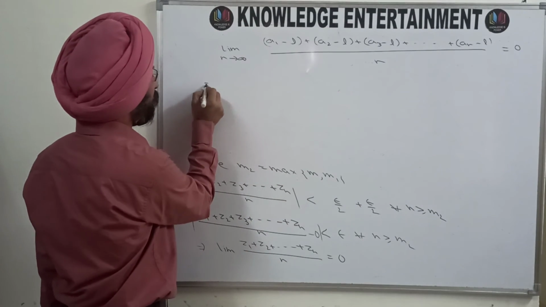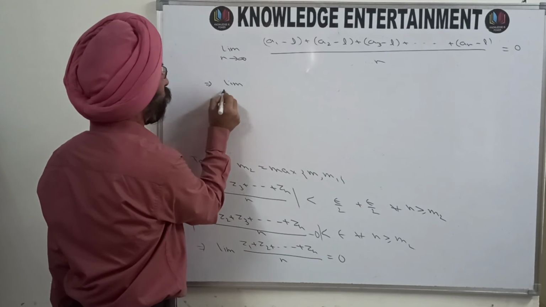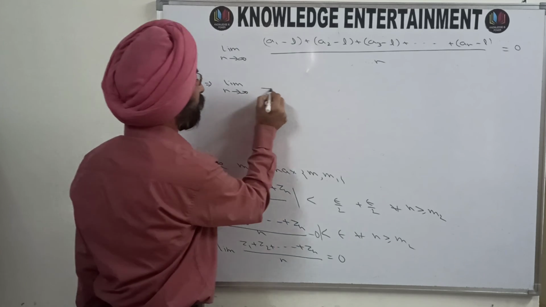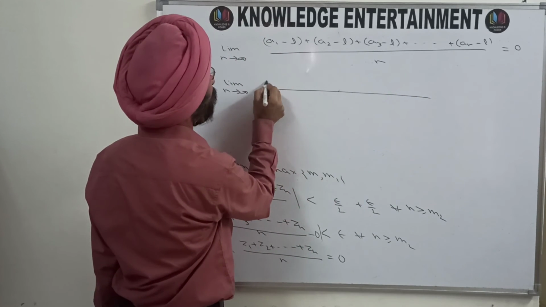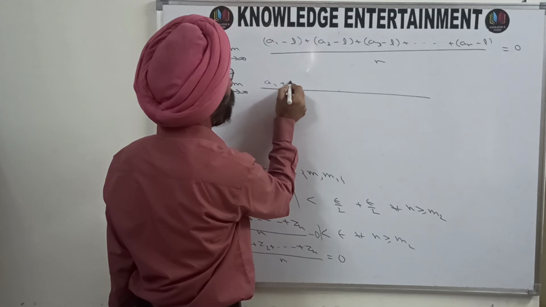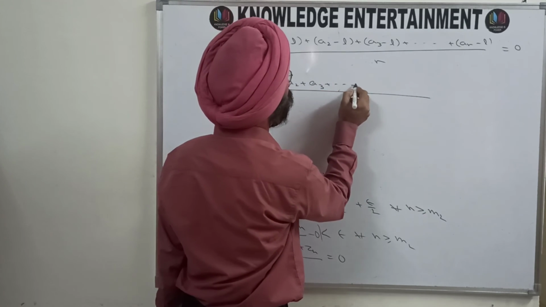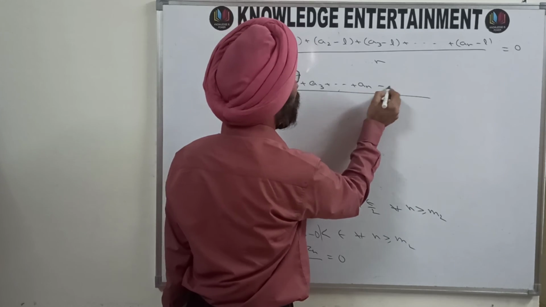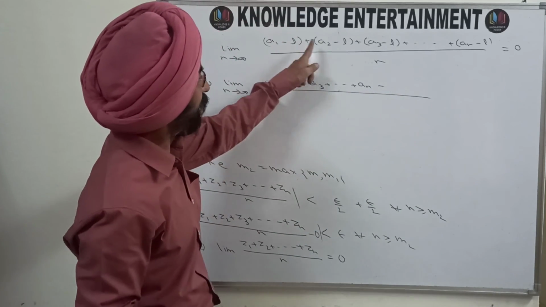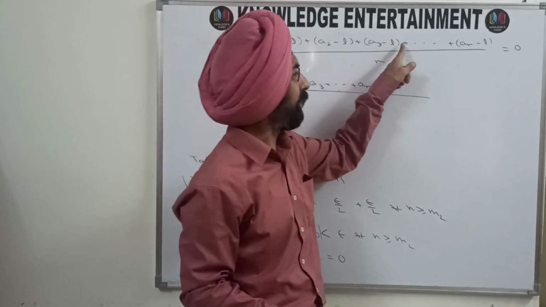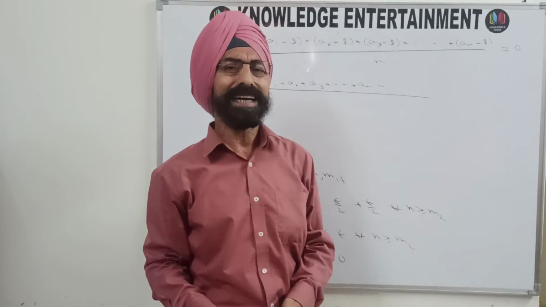So what you are going to get now, limit of n approaches infinity, this is your a1 plus this is your a2 plus this is your a3 plus and so on plus an, minus L, minus L, minus L, minus L. How many times? N times.